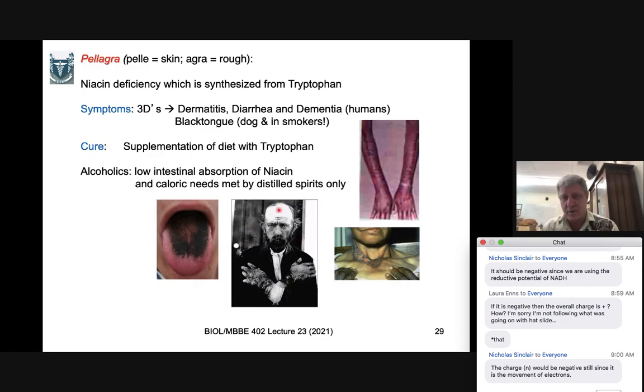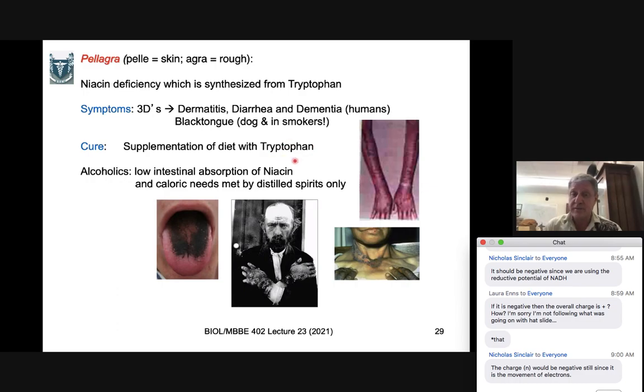You can see this photo is mostly from the 1890s. Most of the disease state can be cured by supplementing tryptophan in the diet.